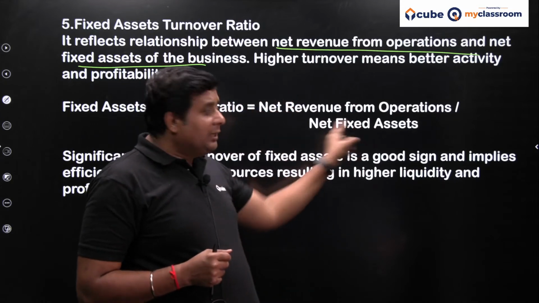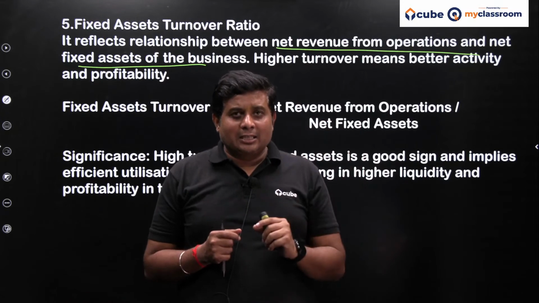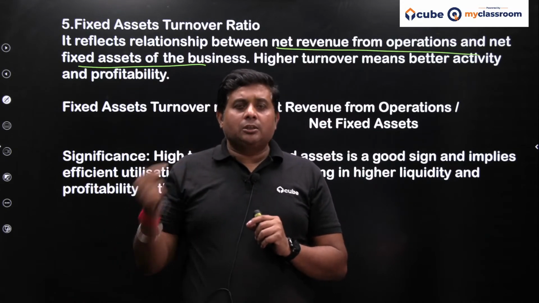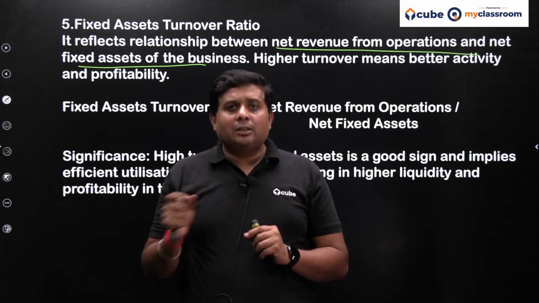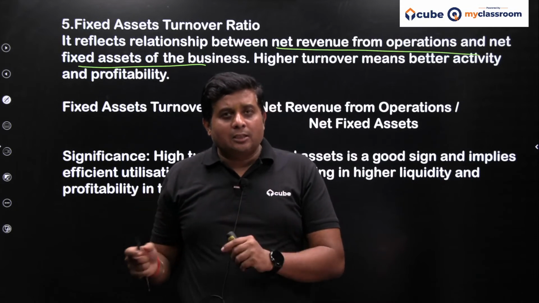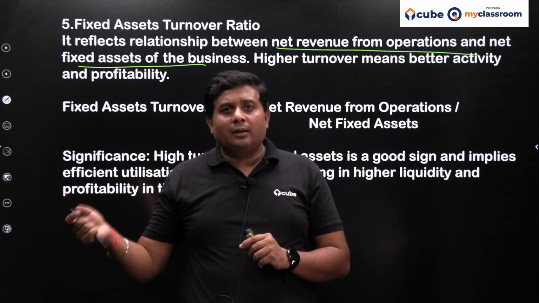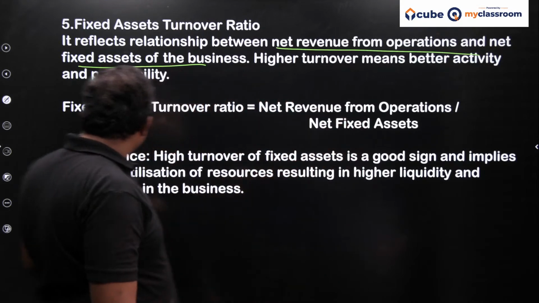But when I am talking about the net fixed assets, it is just the combination of tangible plus intangible. Any depreciation needs to be deducted from the tangible assets to calculate the value of net tangible assets, and amortization, if any, needs to be subtracted from the intangible assets. So net fixed asset means that.